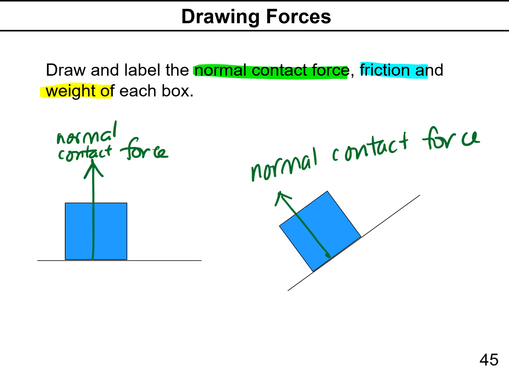Well, if there's no friction, the box would slide down. Which means the reason why it's up there is because there is a frictional force acting this way. So this is friction. Remember, for frictional force, you must draw between the two surfaces and in the opposite direction from the motion or the tendency for motion. It tends to want to slide down, so my friction will be upwards.